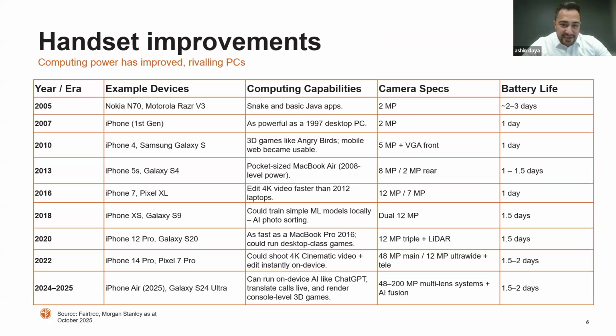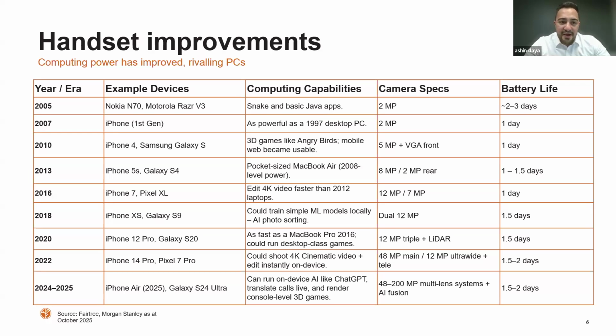And what I've got here is a little bit more detailed than the previous graph that I showed, but just the innovation that we've had from 2005 and some of the key examples that drove innovation at that time period. So in 2005, Nokia and Motorola. But what I want to focus on here is the computing capabilities.